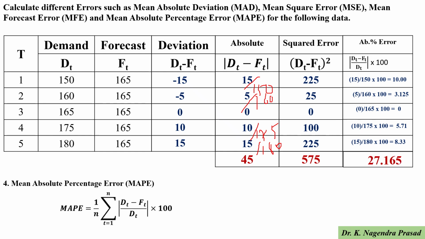Next we determine the summation of the absolute percentage errors, which is 10 plus 3.125 plus 0 plus 5.71 plus 8.33, equal to 27.165. Then the mean absolute percentage error equals 27.165 divided by 5, which is equal to 5.433 percent. So this is the calculation of the different errors, and thank you.